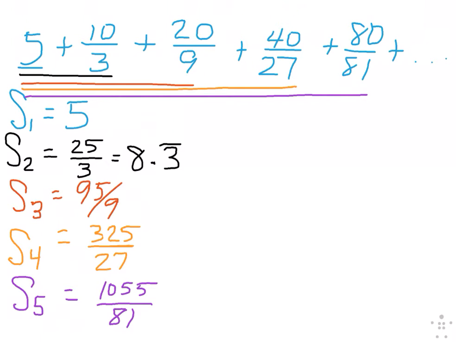If it asks you what number it's approaching, it might be easier if you have them as decimals, so you can actually see what number it's approaching. 95 ninths is 10 and 5 ninths, or 10.5 repeating. 325 divided by 27 is what decimal? 12.04. What's 1,055 divided by 81?